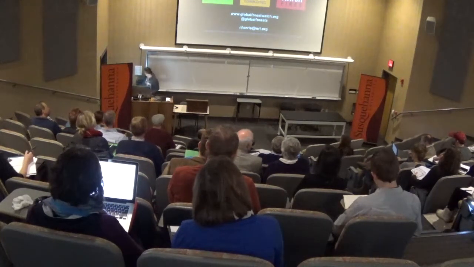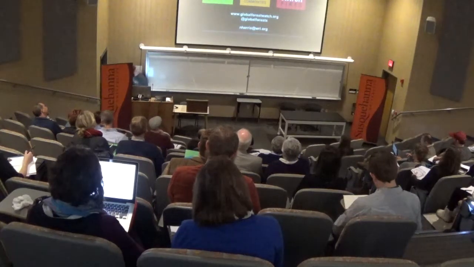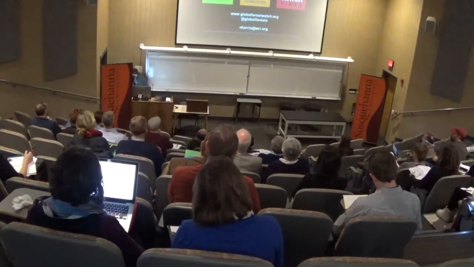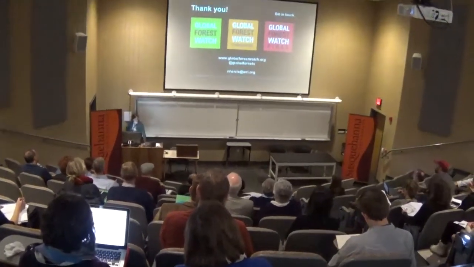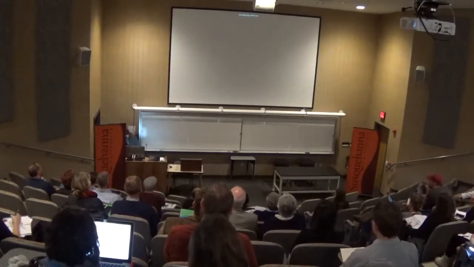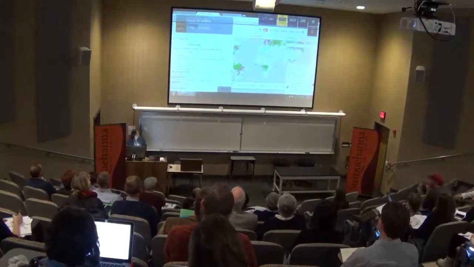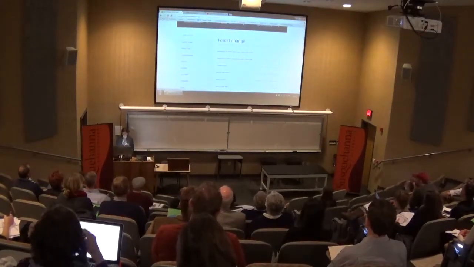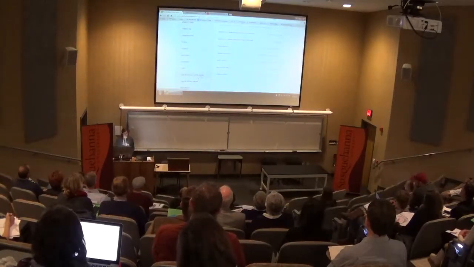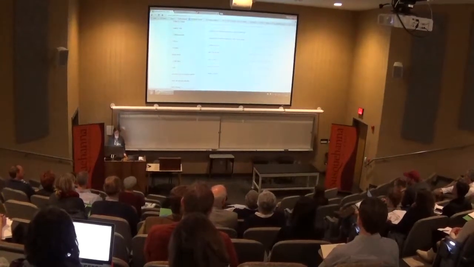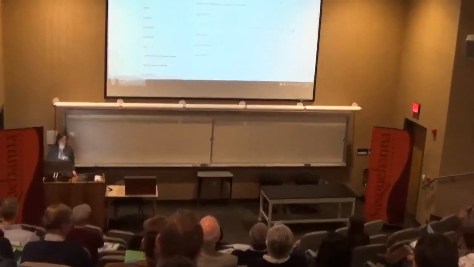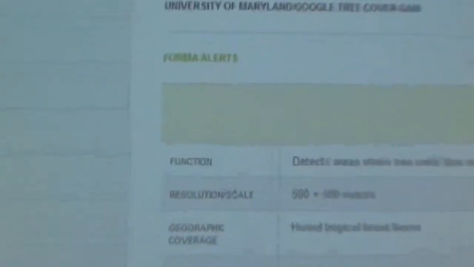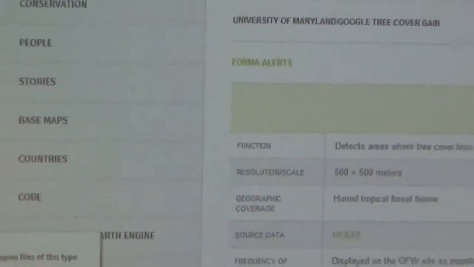Yeah, so on the main site, on the data page, all of the data is available on Google Earth Engine, but is also available on ArcGIS Online, and you can also just download the raw shapefiles or whatever. Download a variety of different formats.